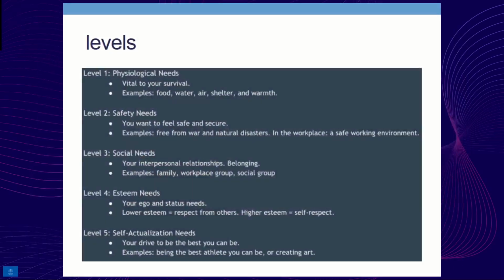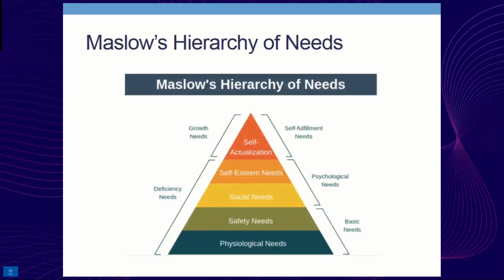Let's examine each of Maslow's 5 levels of needs in turn. The model can be broken down into deficiency needs and growth needs. Deficiency needs are those needs that motivate people when they are unmet. The first 4 levels in the hierarchy are deficiency needs.